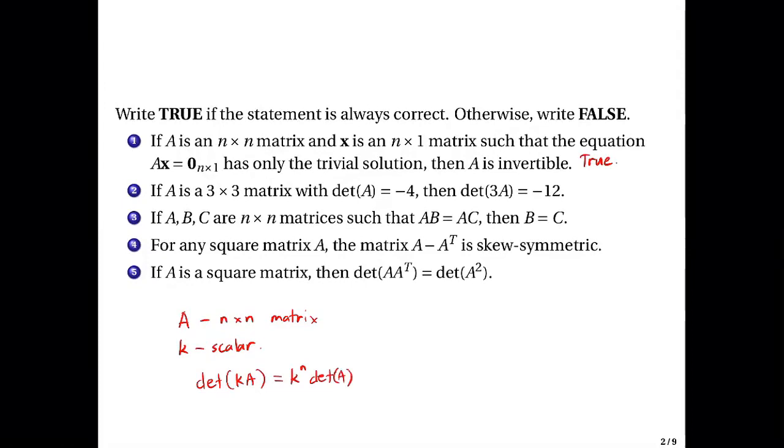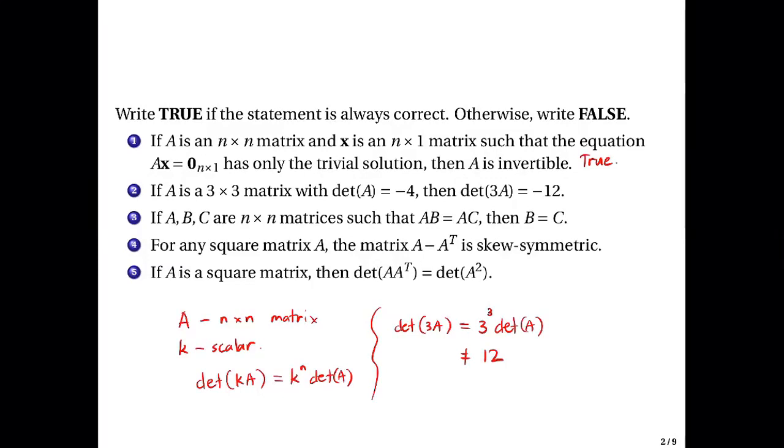If we use this, the determinant of 3A, since A is a 3 by 3 matrix, will be equal to 3 raised to 3 times the determinant of A. Definitely this is not equal to -12.